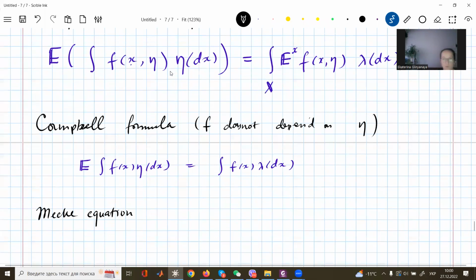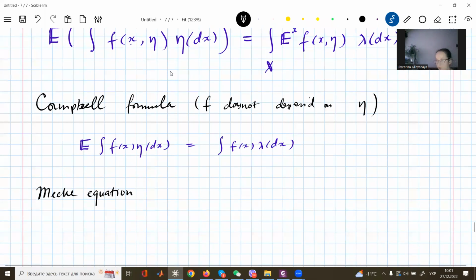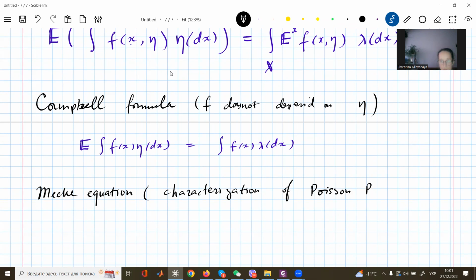And the Mecke equation was only for a Poisson point process. So this was a characterization of Poisson point process.